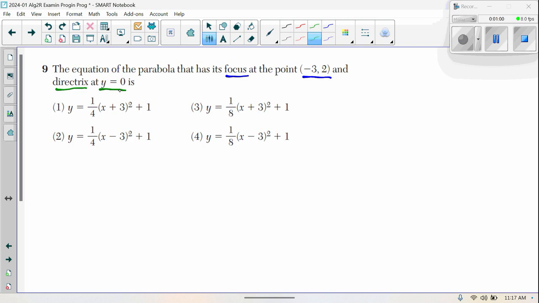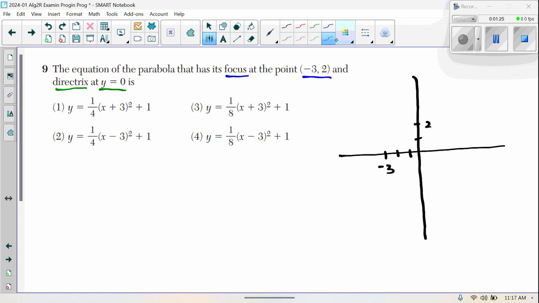So the first thing you need to do, and you can eliminate 2 of these possible answers, is you know that between the vertex, the focus, and the directrix, the vertex is always in the middle, always. So if I were to sketch this thing out, -1, -2, -3, 1, 2.